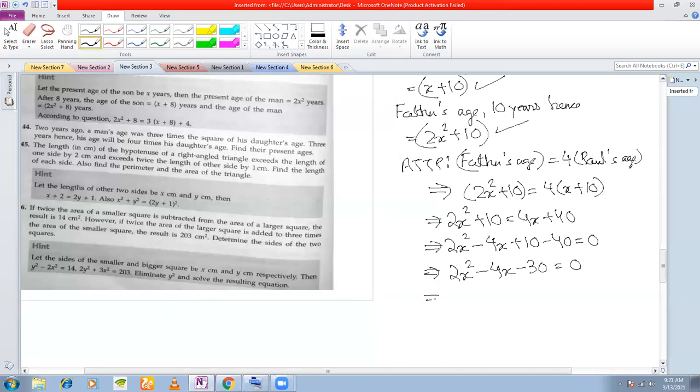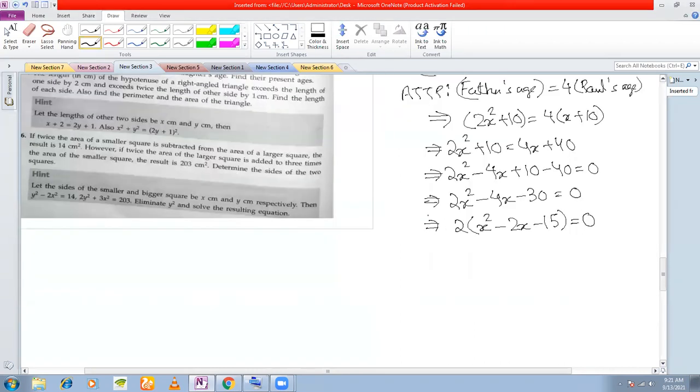Now you can take the factor 2 out. So finally the quadratic that you're getting is, and now you can solve this by factorization. What are the factors? 5 and 3.